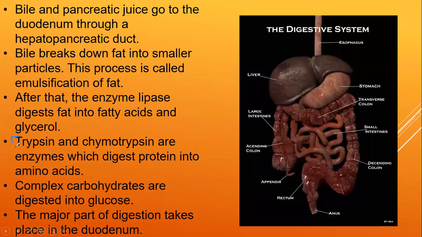Trypsin and chymotrypsin are two enzymes that digest protein into smaller units called peptones. Okay, guys, carbohydrate is converted into a minute unit called glucose. Is that clear?